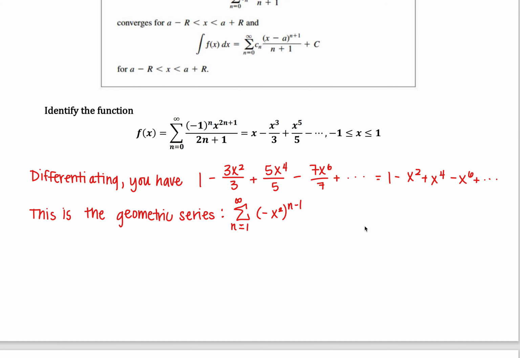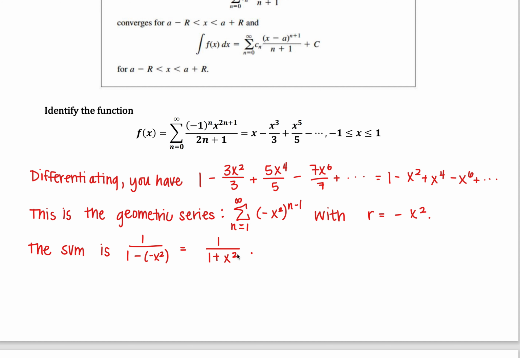Now, the nice thing about a geometric series is that we can find the sum of them very easily. So we've got our r value of negative x squared. So the sum here is going to be 1 over 1 minus r, so that's 1 minus negative x squared, or 1 over 1 plus x squared.